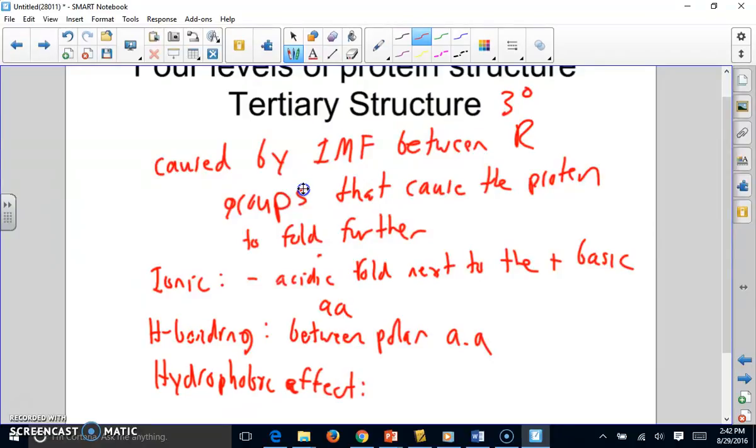In the hydrophobic effect, the non-polar amino acids don't like water. And proteins are in your body, so they're surrounded by water. So the non-polar amino acids fold inward, away from water.